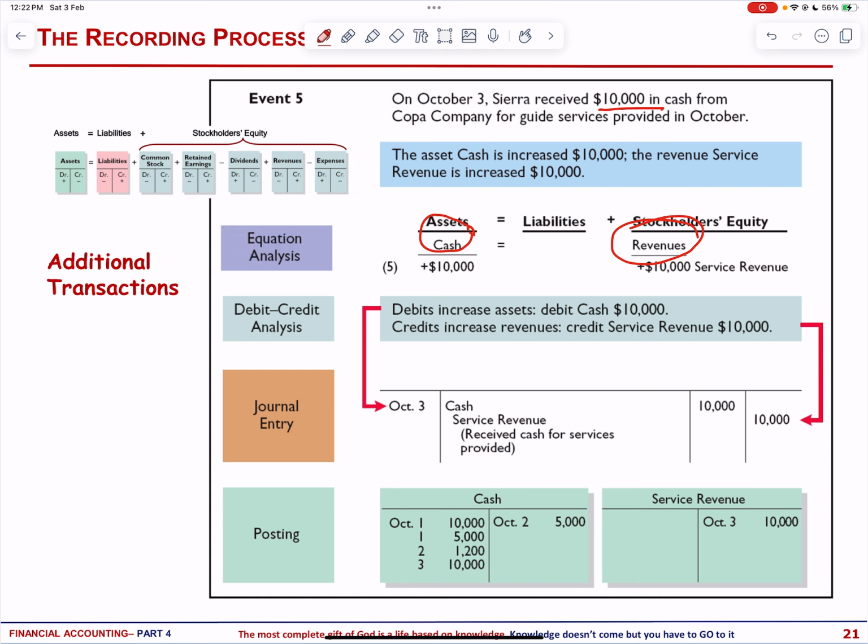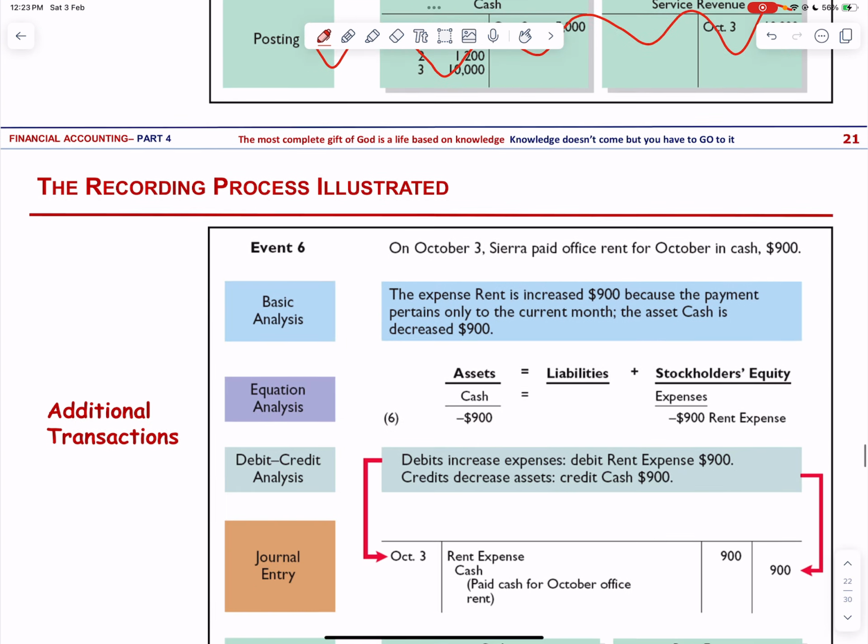Cash is an asset, increase in asset is debit, and increase in revenue is credit. So cash is debit and revenue is credit. You can see that when we record the credit, we leave some space on the left hand side. This is called indenting. We will talk about this in the next video.